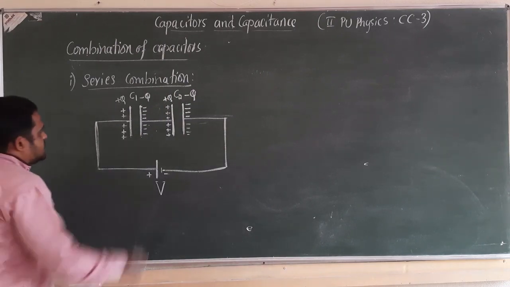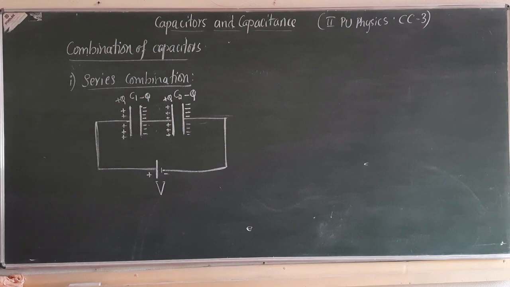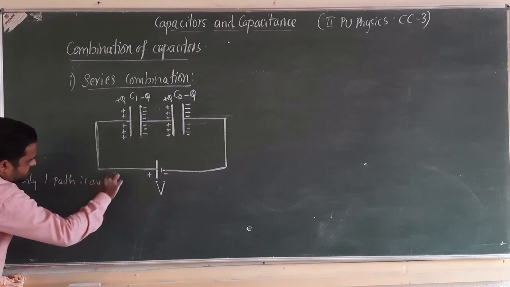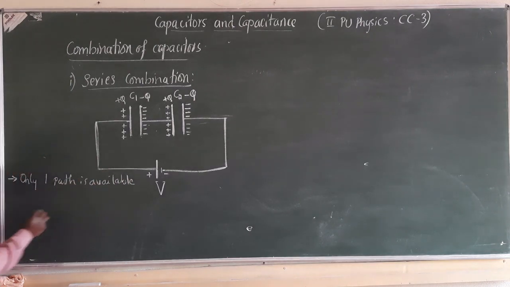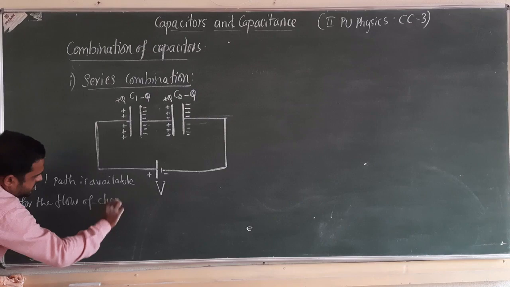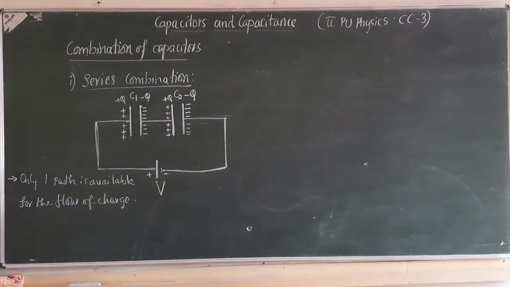So in case of series combination, we can consider two important points. That is, only one path is available for the flow of charge. In case of series combination, only one path is available for the flow of charge.